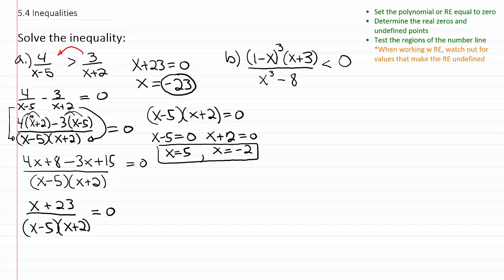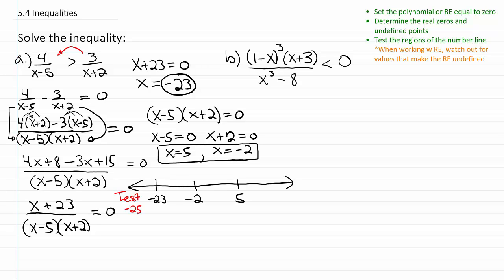Okay, so let's draw a number line and place these values on the number line. Now, when we do this, we need to start with the one that's furthest to the left. That'll be negative 23. Then we're going to go to negative 2, and then positive 5. Now let's think about what we'd test. We need to test a number in this region, so let's try negative 25.